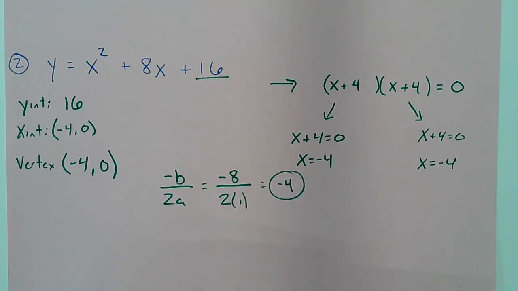Now, we're going to study a little bit more quadratics. We've looked at things that are factorable, not factorable. Just because a quadratic is not factorable doesn't mean it doesn't have x-intercepts. It just means those x-intercepts might be ugly. They won't be nice whole numbers. It also means they might not have x-intercepts.